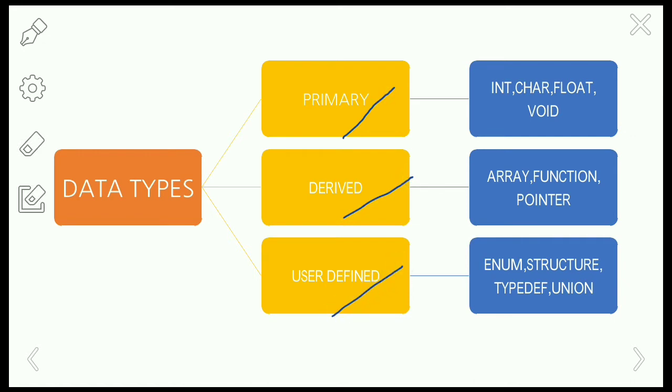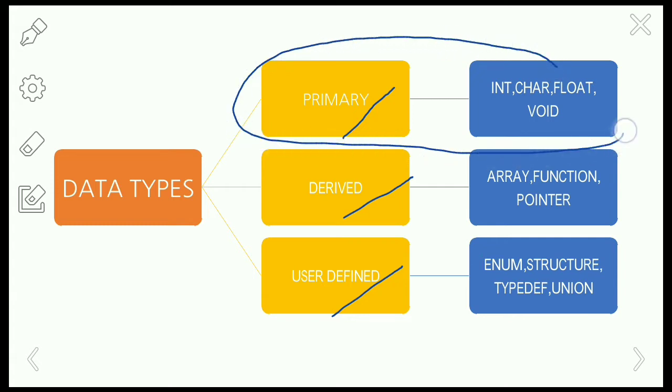In this video we are going to learn basically about the primary data types, and we are going to know briefly about the derived and user defined data types in the upcoming videos.